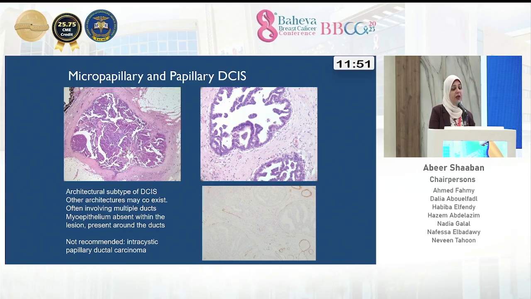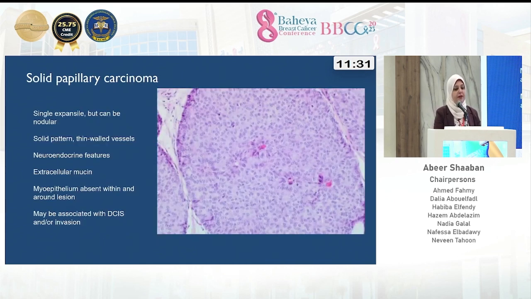So it's not only papillary there. And that's helpful in the differentiation between this and encapsulated papillary carcinoma and solid papillary carcinomas that are usually a single expansile nodule. Again, for this papillary DCIS, the myoepithelium is present around the duct, not within the duct.